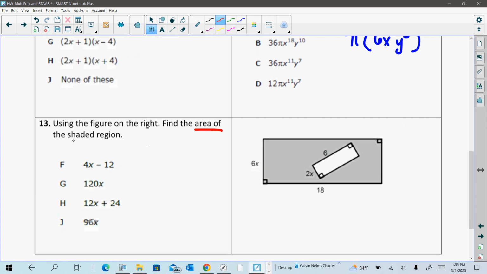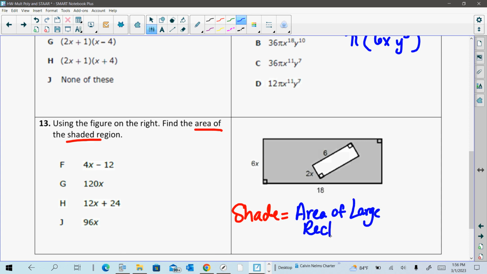And then again, another shaded area. Find the area of the shaded region. Your shaded area, remember, always equals the area of the large rectangle minus the area of the small rectangle.